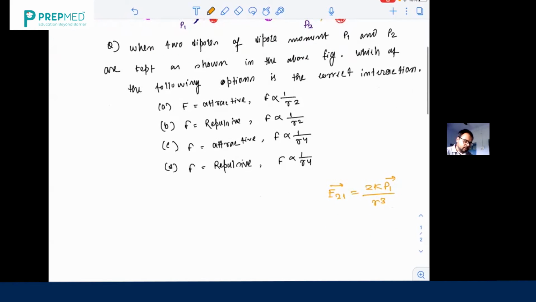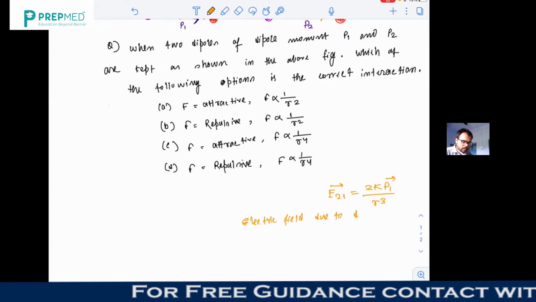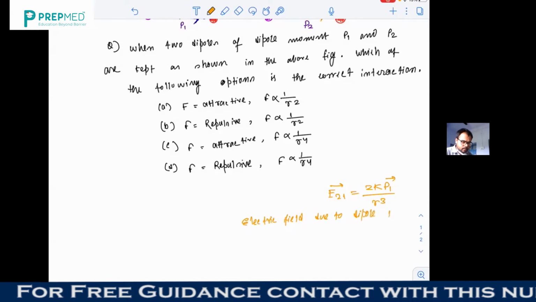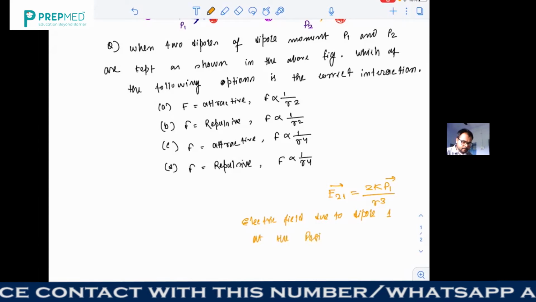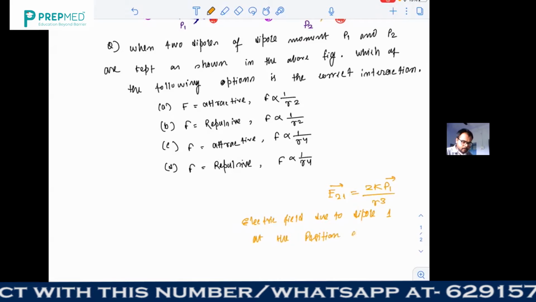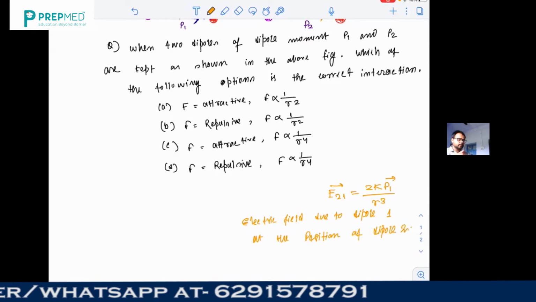This is the electric field due to dipole 1 at the position of dipole 2.